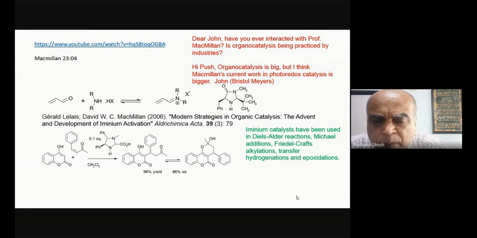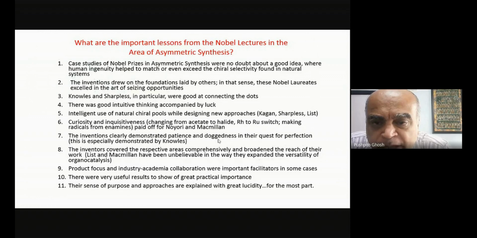I think the new part is that they were able to use it in a very clever way and in a most appropriate system. I think that's again very important. If you say, I'm also doing photocatalysis, yeah, you are, okay, but it could be not necessarily in the most exciting area. So with that, we come to the end of organocatalysis.